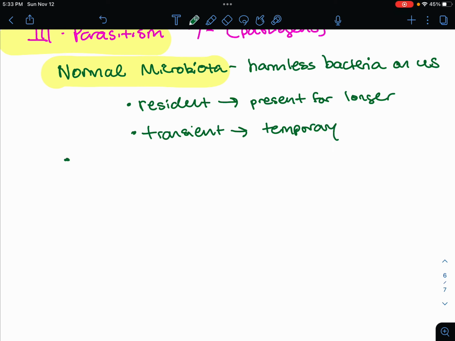When we have this normal microbiota, we're going to have colonization. This is the process of them getting into our systems and staying on our surfaces. This will begin at birth. And where it begins in birth would be from breastfeeding as well as formula.